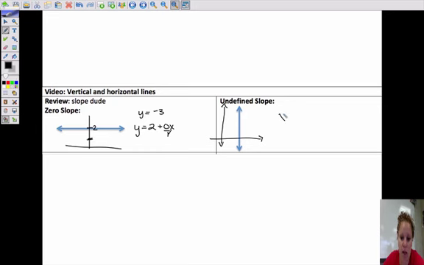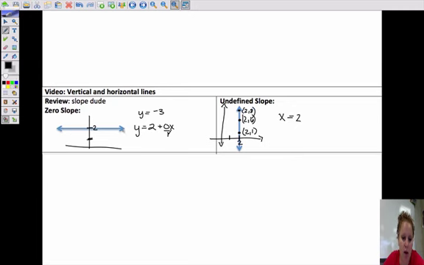It's going to be an x equals equation, because let's say, just for the sake of using the same number, x is 2. Well, x is always going to be 2 here. This could be the point 2, 1. This could be the point 2, 6. This could be the point 2, 8. X is always 2 here.